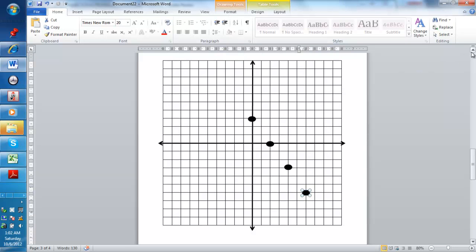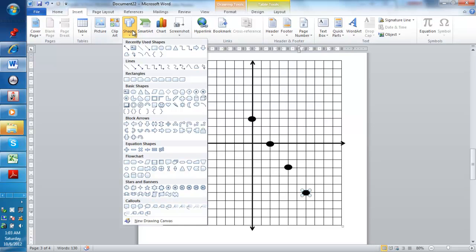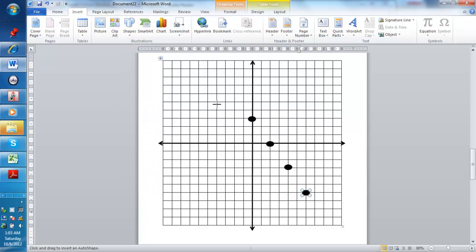Now what we want to do after you plot these points is draw a line through them. So we're going to go back to Shapes and draw a line, and you want your line to go through all the points.